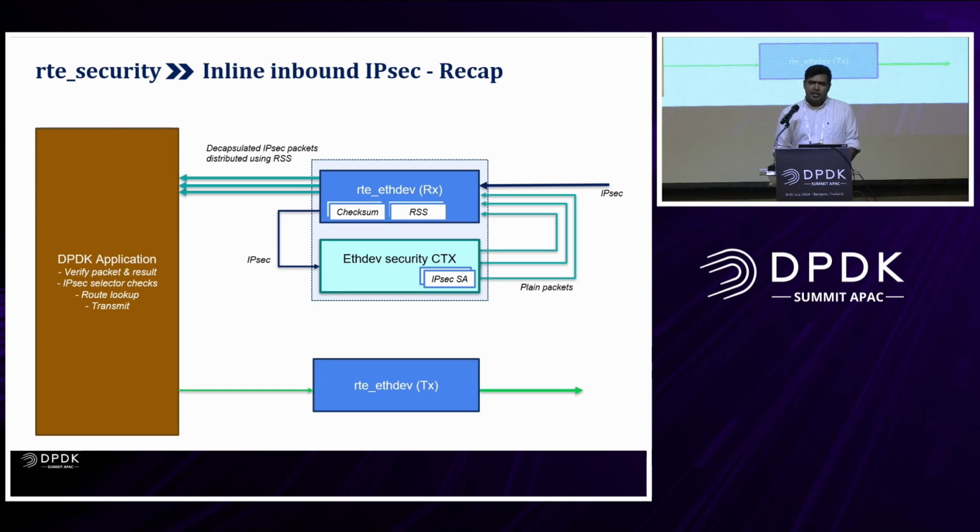And then it can just focus on the application processing and completely forget about the IPsec. So in a nutshell, all the heavy lifting of IPsec, be it the decryption or decapsulation, anti-replay window checks, every single thing would be done by the time application first sees the packet.